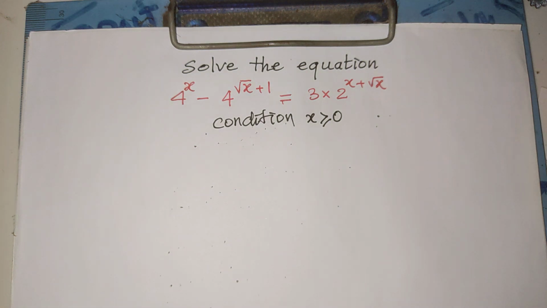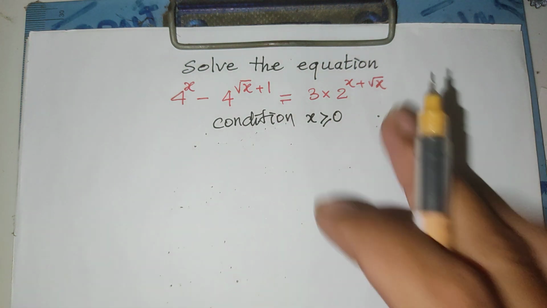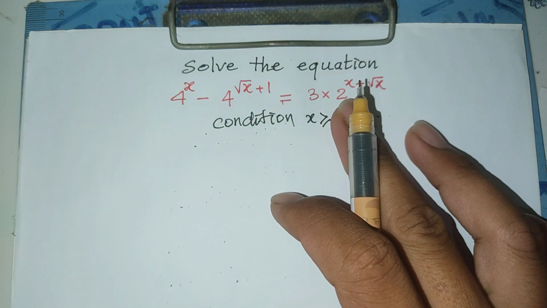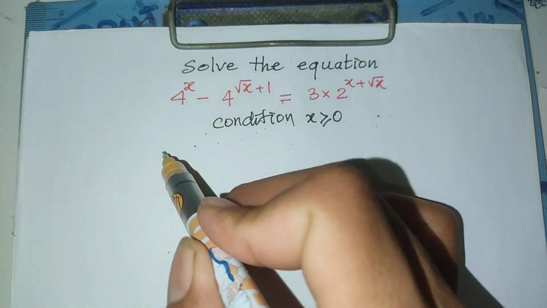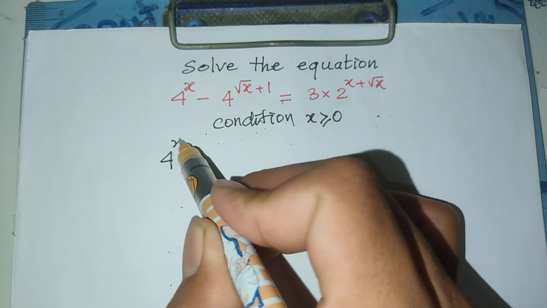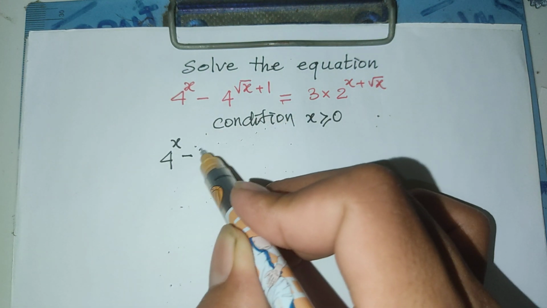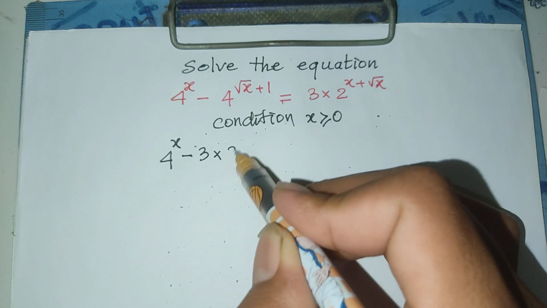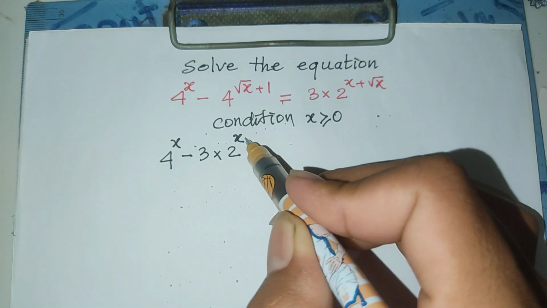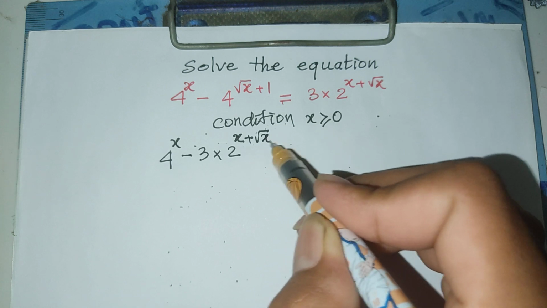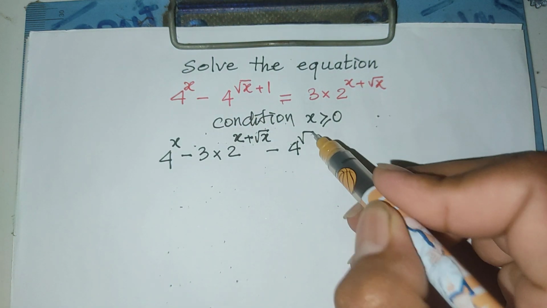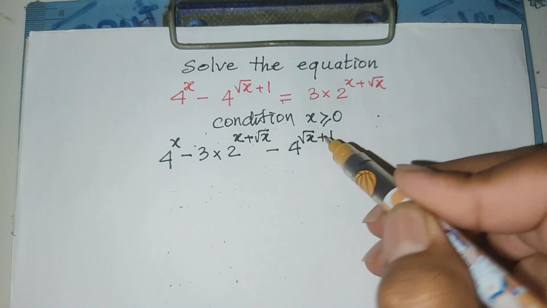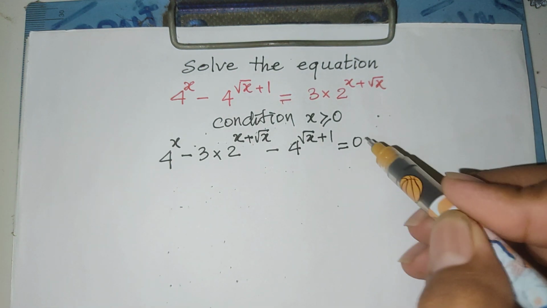Now to solve this equation, I take this term from the right hand side to the left hand side. So I can write 4^x minus 3 multiplied by 2^(x+√x) minus 4^√x plus 1 equals 0.